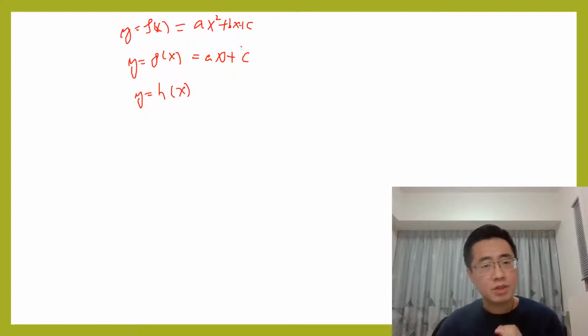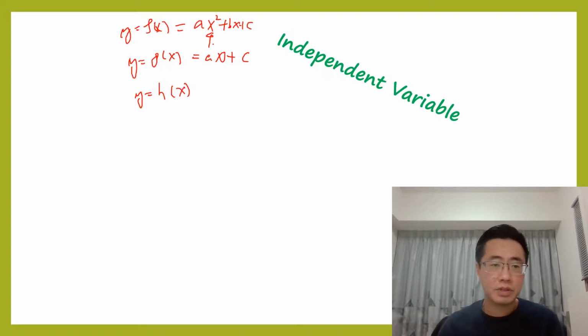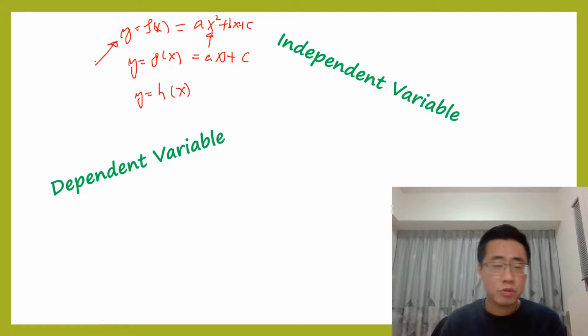But no matter what kind of notation it uses, x here is referring to what we call the independent variable, and y here is referring to what we call the dependent variable.